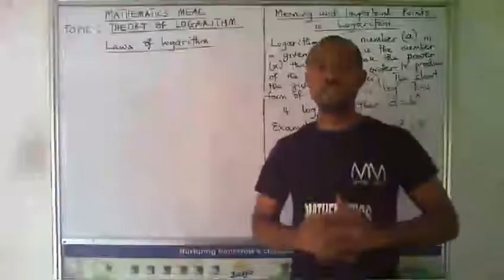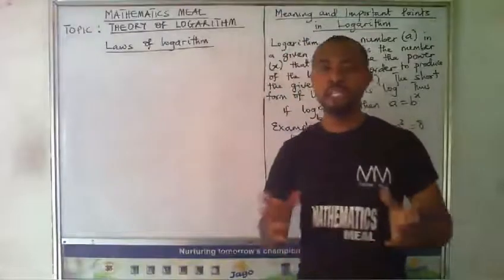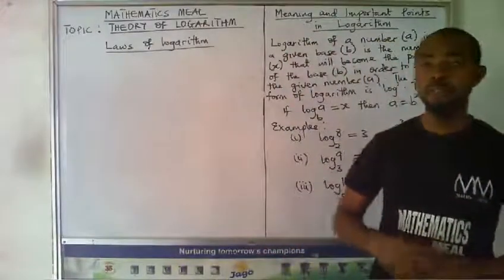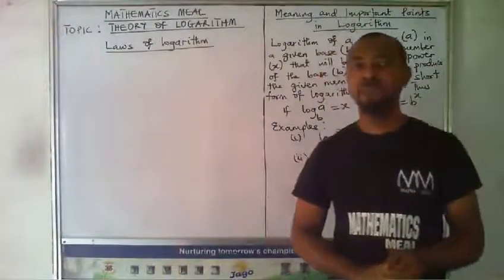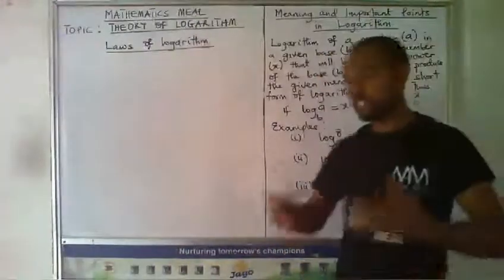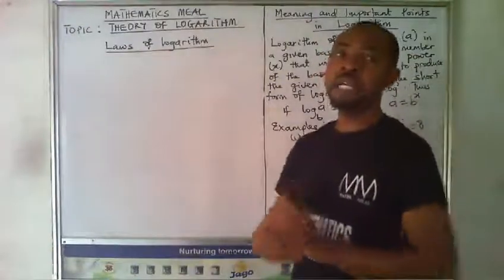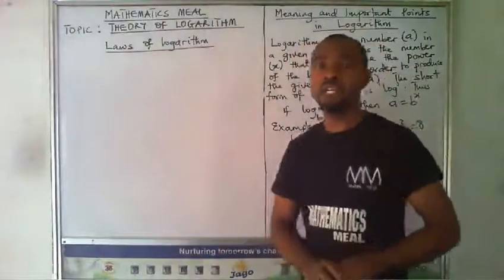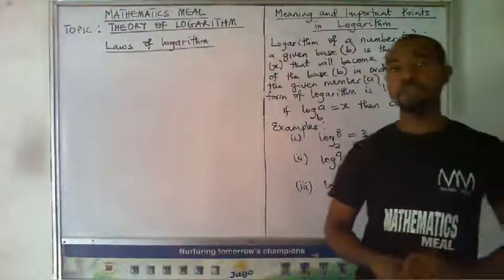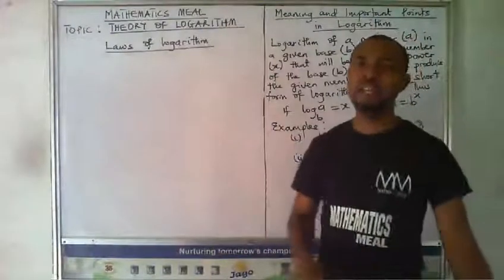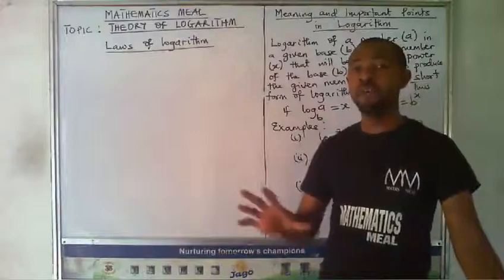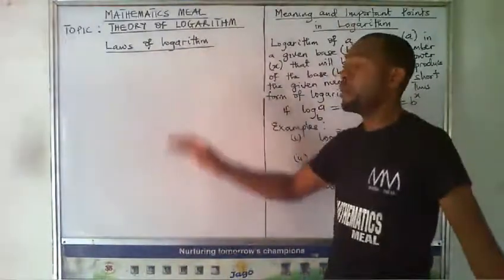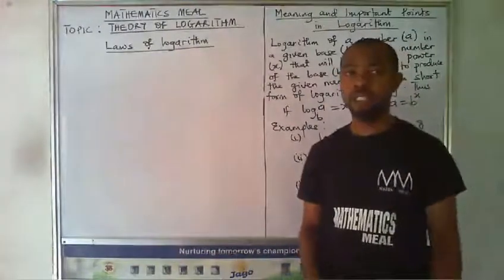We said that we need to know the meaning and important points in logarithm, so we'll know the laws of logarithm. Then we look at how we can simplify terms and expressions involving logarithm. Then we look at logarithm of numbers by substitution, and finally we look at equations involving logarithm. So far we have looked at the first objective, and we are about starting the second objective.